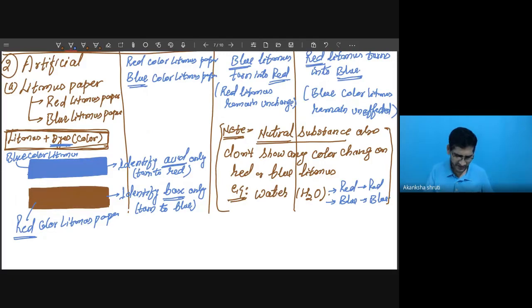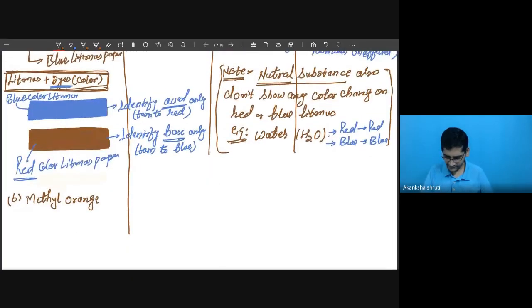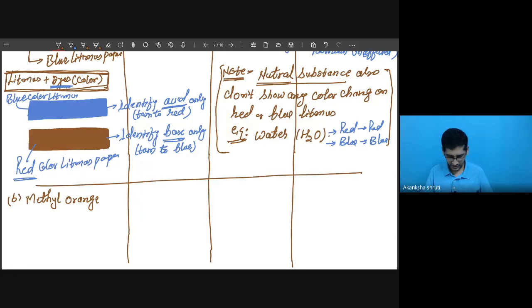Write down the B. Our B is methyl orange. Students, this methyl orange is an artificial chemical or basically a dye which is prepared in industry or in our lab.